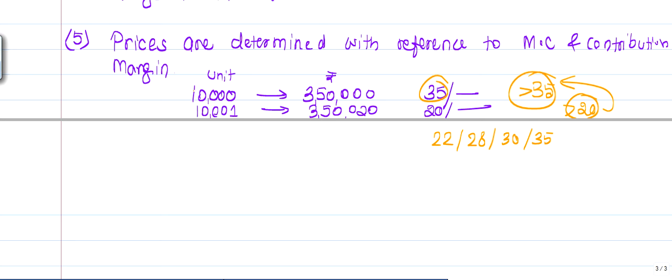Even though your earlier product's cost is 35 per unit, here it is lesser because of the marginal cost, because of the main element of fixed cost. So prices are determined with reference to marginal cost and contribution margin.